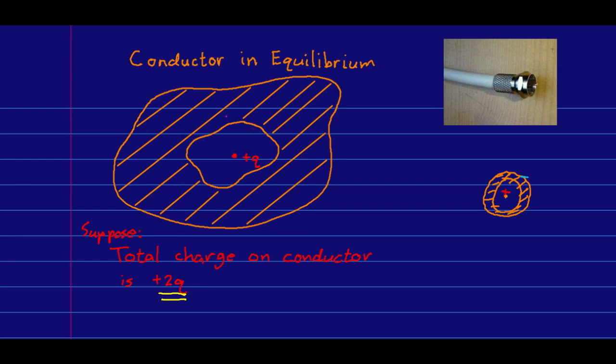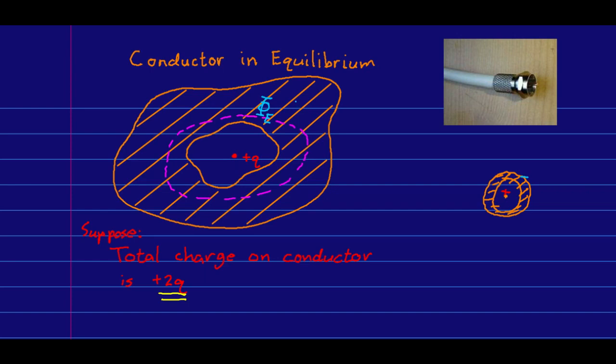Well, let's think about a surface that we draw so that the surface is inside the material of the conductor everywhere. Well, again, the flux through this surface has to be zero because this conductor is in equilibrium, and so the E field is zero everywhere here. However, note, there's a charge.